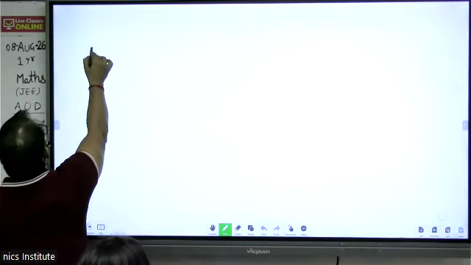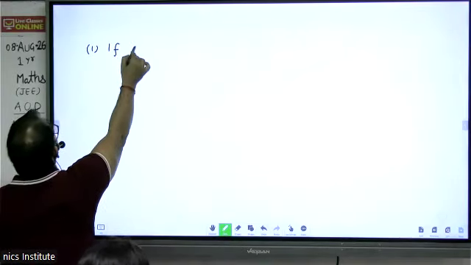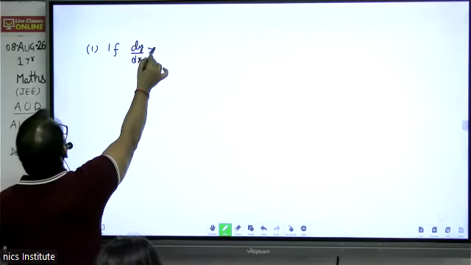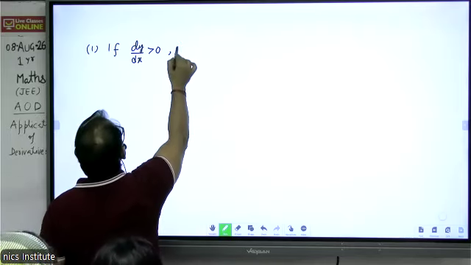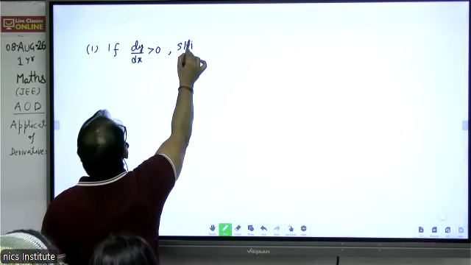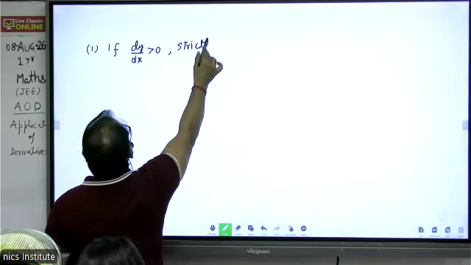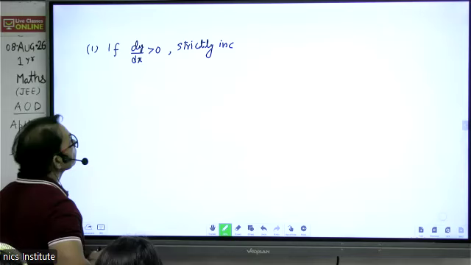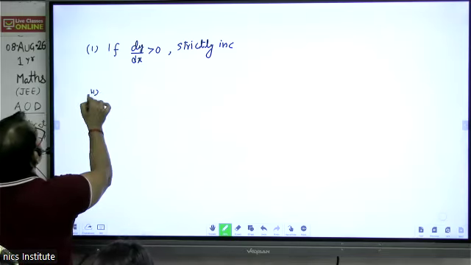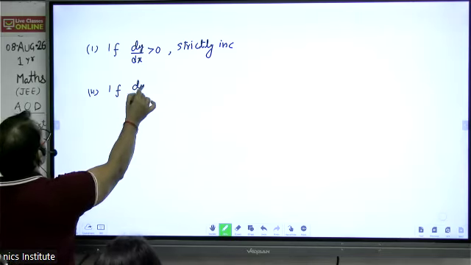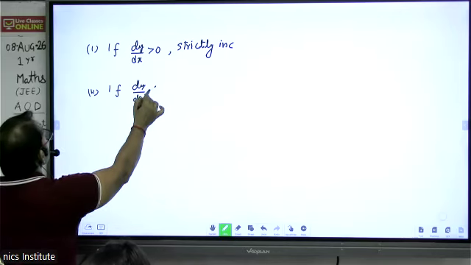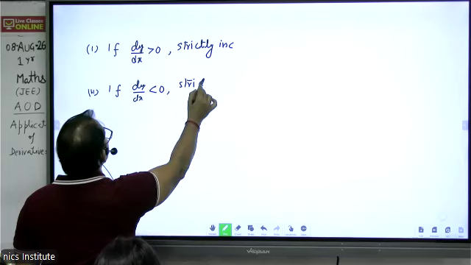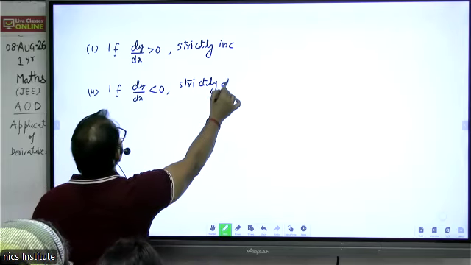So now we know that if dy by dx in a given interval is more than 0, the function is said to be a strictly increasing function. If dy by dx in a given interval is less than 0, negative, it is said to be a strictly decreasing function.